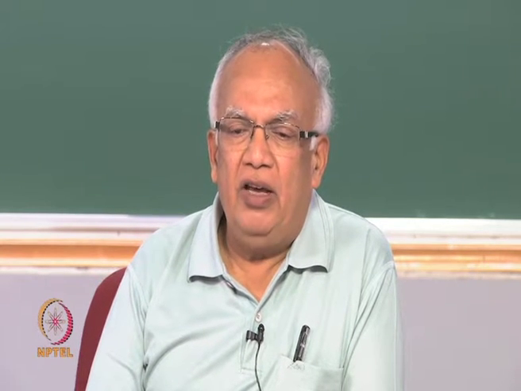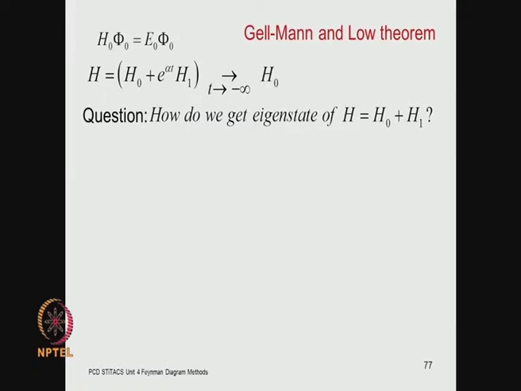The eigenstate of the full Hamiltonian actually will come down to the eigenstates of the unperturbed Hamiltonian as t goes to minus infinity, because e to the minus alpha t will kill the h1 term as t goes to minus infinity. Okay?